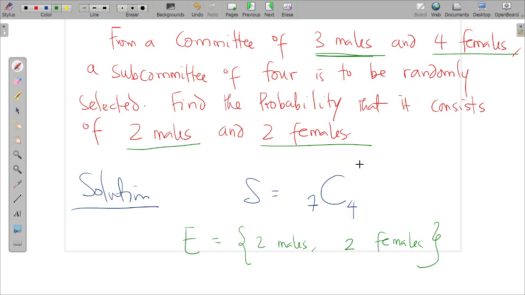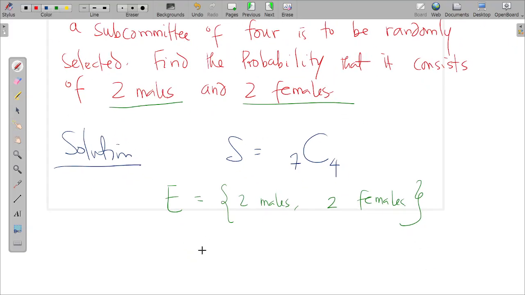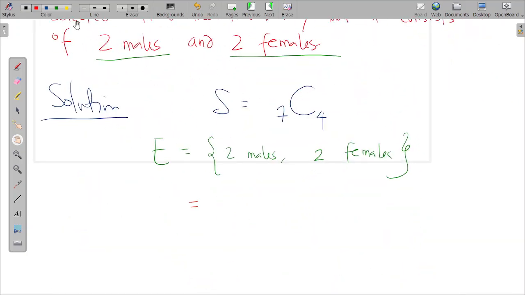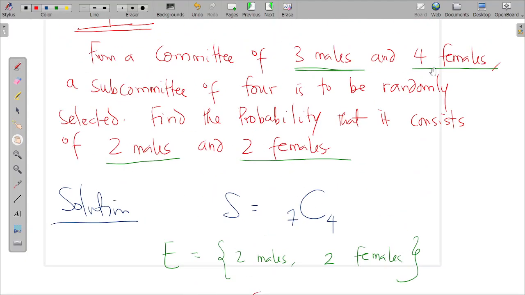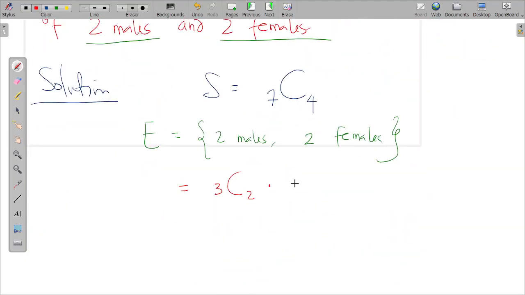For the sample space, if we want to select 4 from 7, we don't mind the number of males or females. But for this event E, we want to select 2 males from the 3 males, that is 3 combination 2, multiplied by 2 females from the 4 females, that is 4 combination 2.